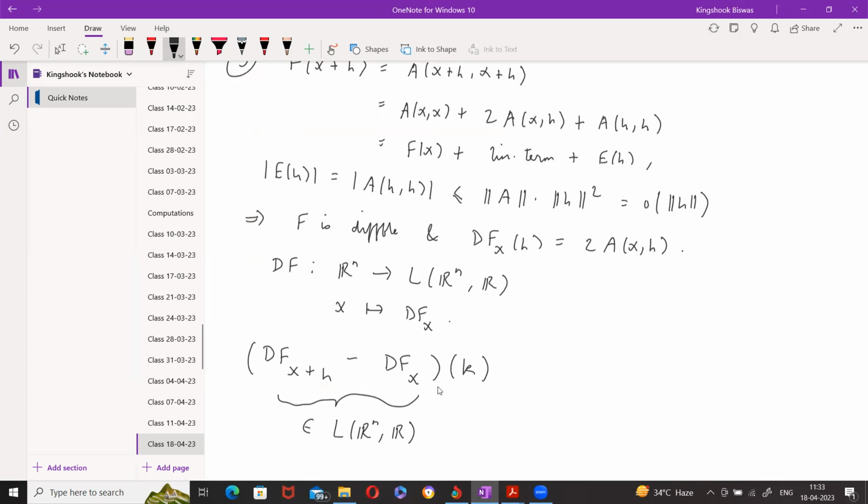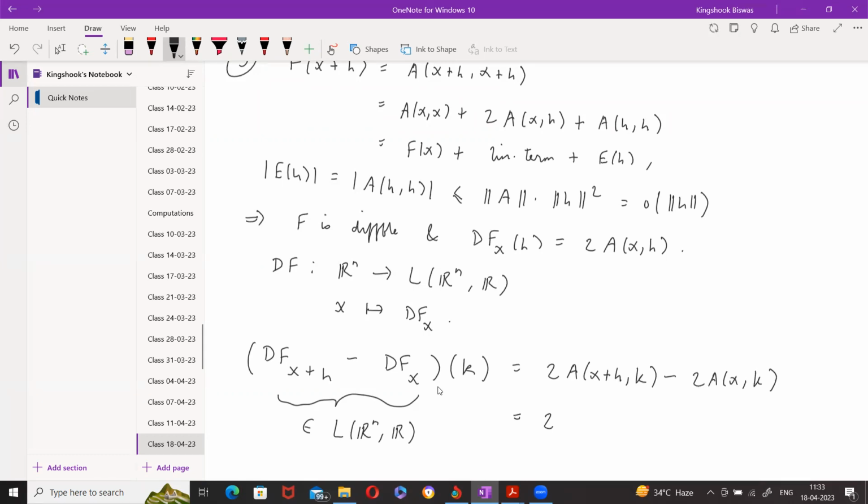So what will this be? df at x plus h acting on k will be twice A of x plus h acting on k, minus twice A of x acting on k. A is bilinear, so the xk will cancel.